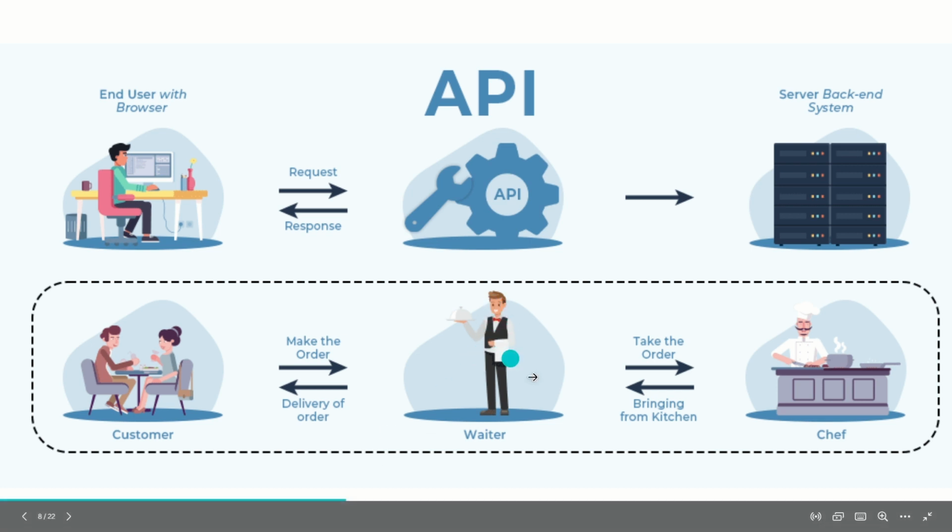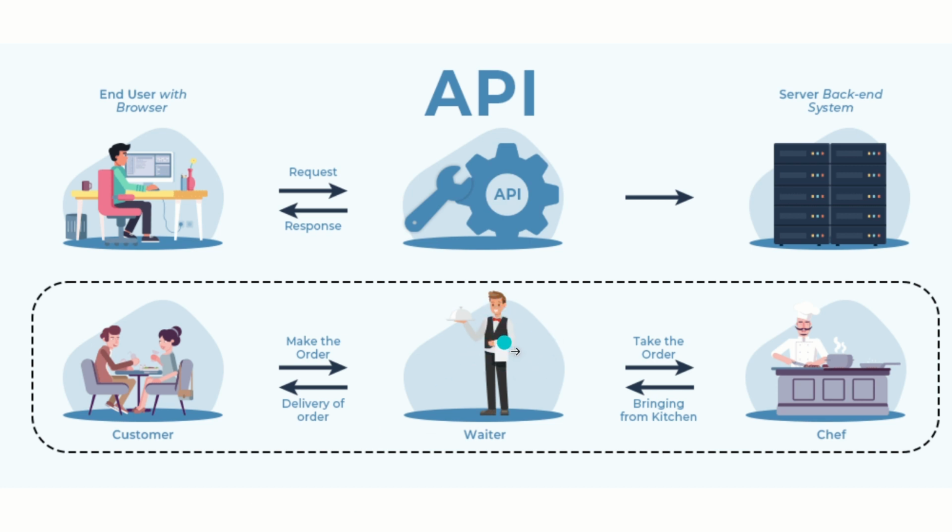So the process happens in the back end. The waiter will pass on the order to the chef. Your order will be prepared and the waiter will bring it back to you. So that then it will be the response or the delivery of the order. So the waiter in this scenario is the API, the interface between the customer and the kitchen, or from where the food is made.